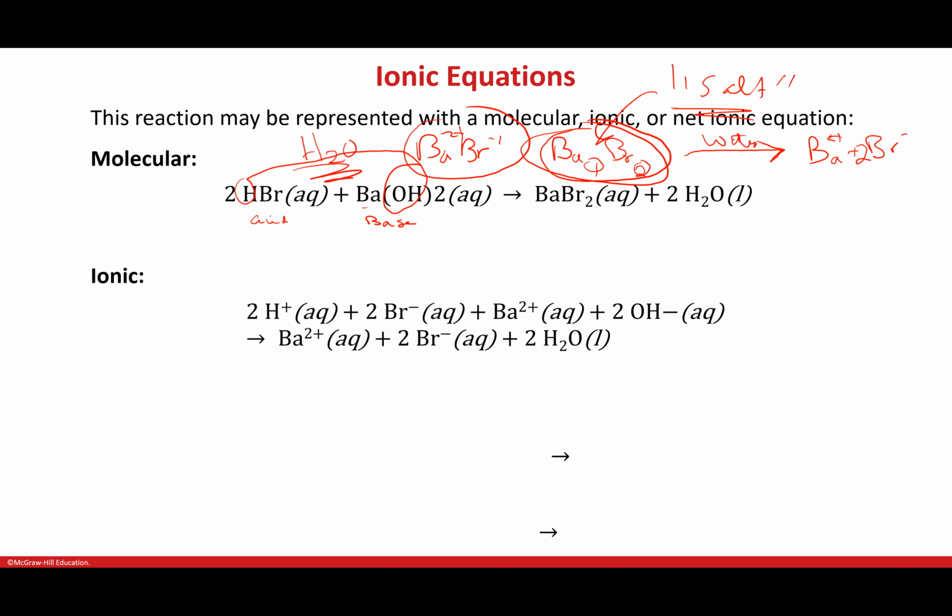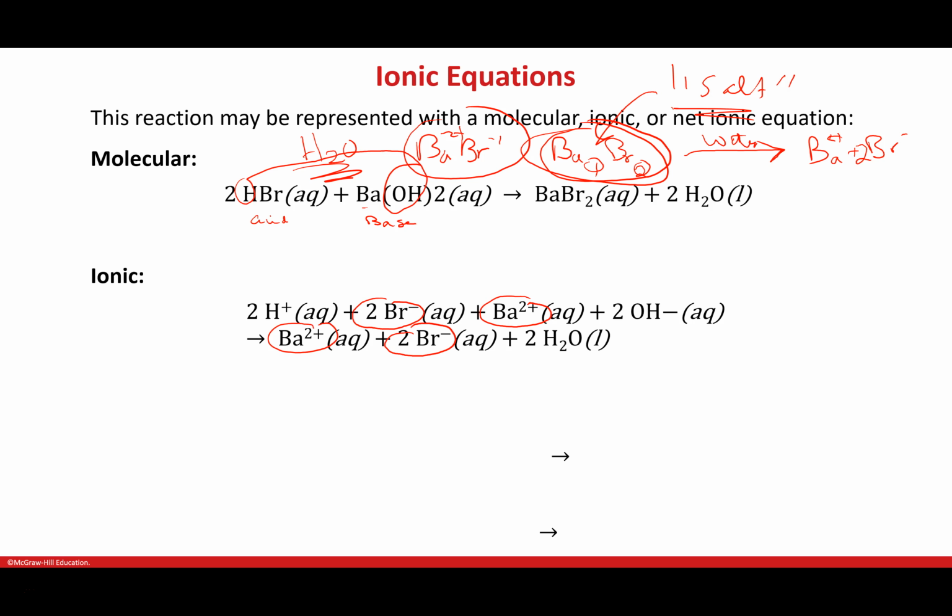If I have the same number on both sides of the arrow, they go away. And that's exactly what we've got. For instance, with this ionic equation, I've got 2 Br minuses on the reactant side, and 2 Br minuses on the product side. They both go away. I've got a similar thing with my Ba 2 plus. I've got 1 Ba 2 plus on both sides.